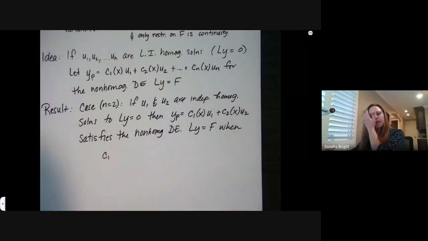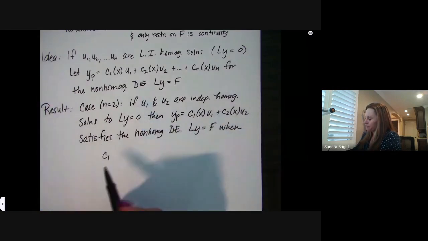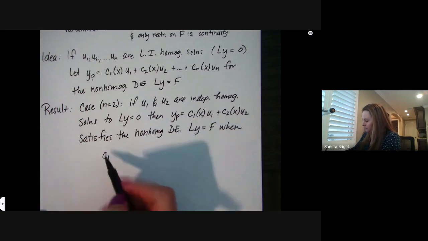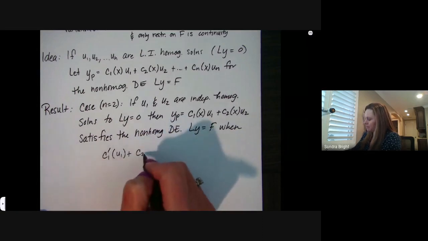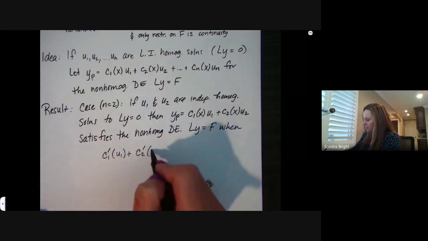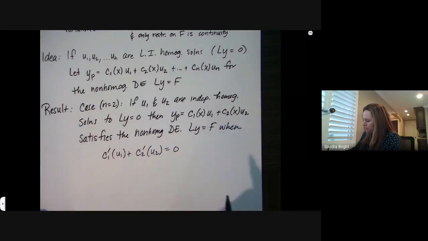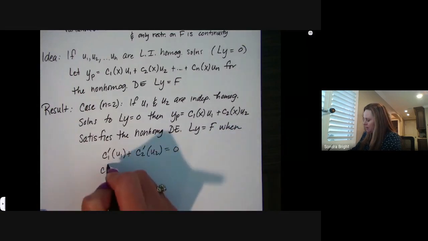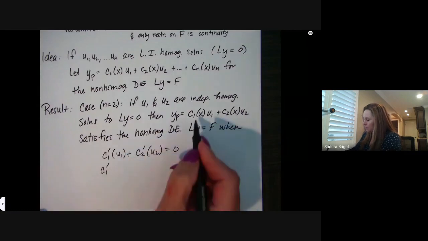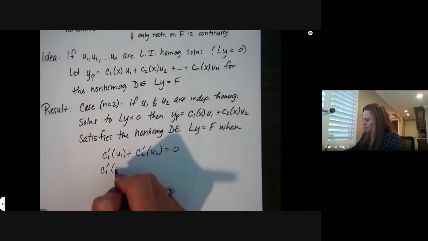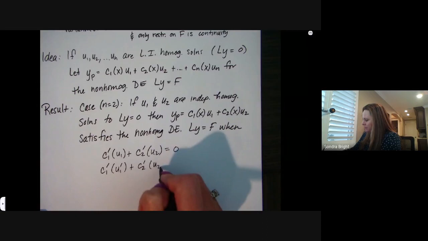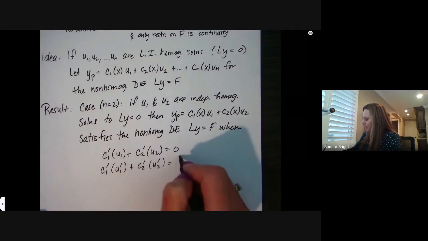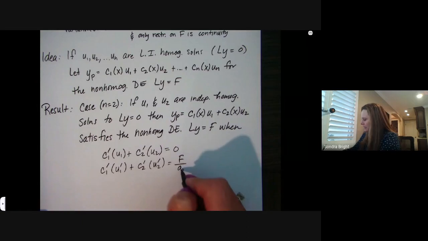Keep in mind, C1 is a function of X. It's not a constant, right? If you take the derivative of C1 times U1 plus the derivative of the second function C2 times U2, that is equal to 0. And the derivative of C1 times the derivative of U1 plus the derivative of C2 times the derivative of U2 is equal to F divided by A naught, where A naught is just your leading coefficient.